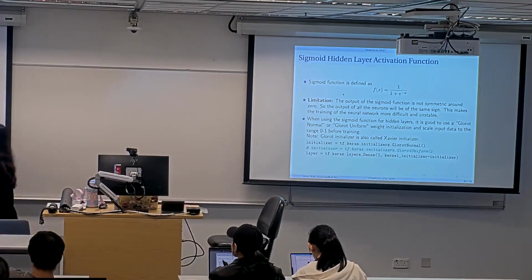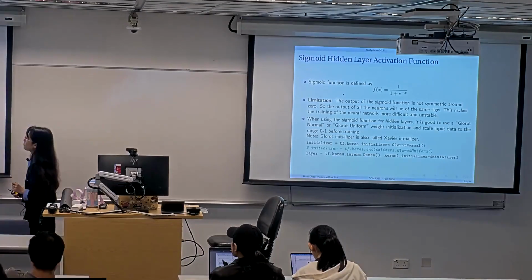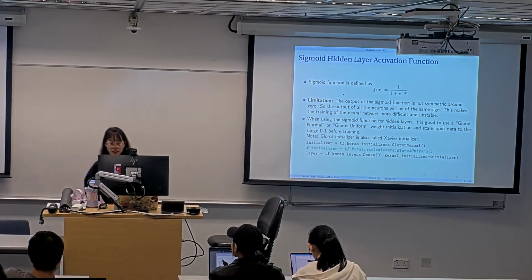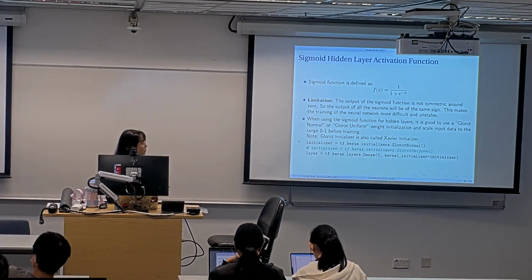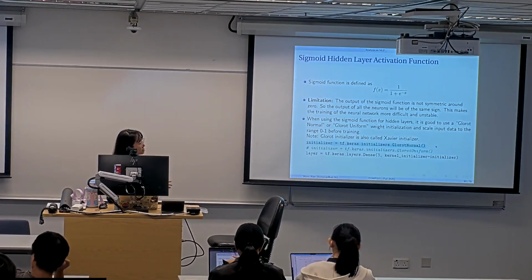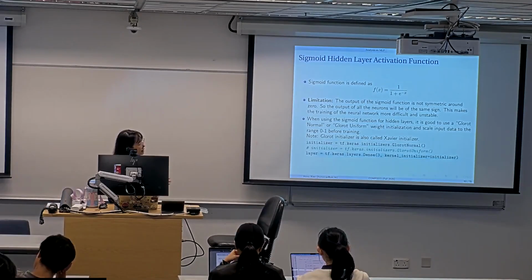Here is another note: if you want to use sigmoid for the hidden layers, you can use Glorot normal or Glorot uniform initialization. Again, this is to scale the input data to the range 0 to 1. So create an initializer using Glorot normal and then create the layer using such an initializer. This is the sigmoid implementation.